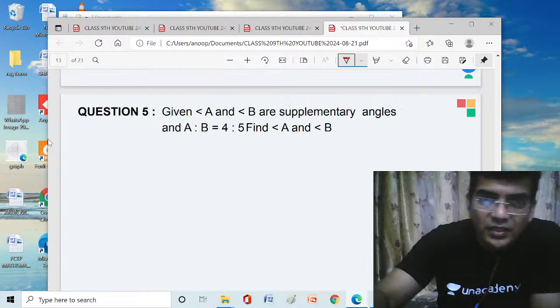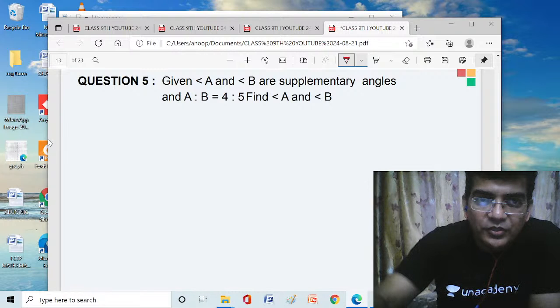It's a similar type of question, but here A and B have been said to be supplementary angles. Let's see. The question says angle A and angle B are supplementary and A is to B is 4 is to 5. So let a ratio constant be taken here.